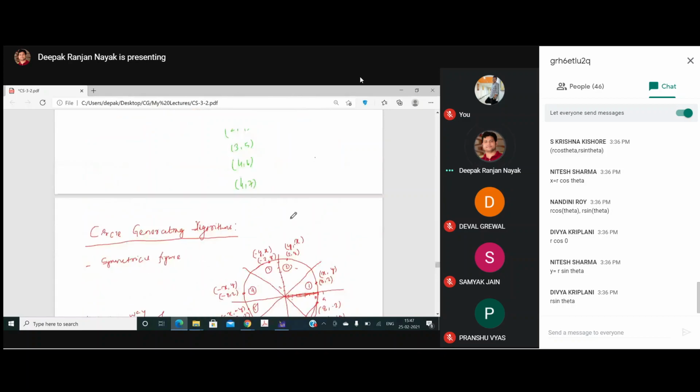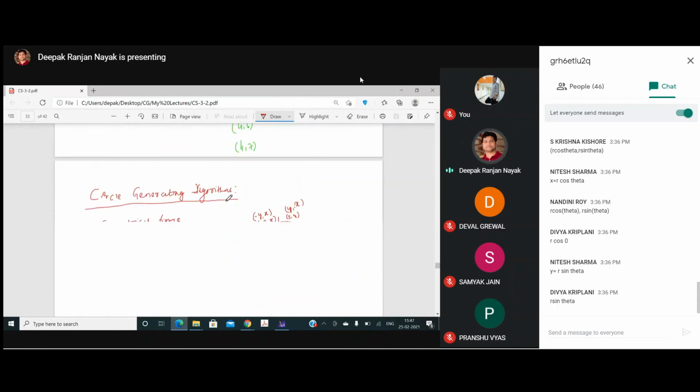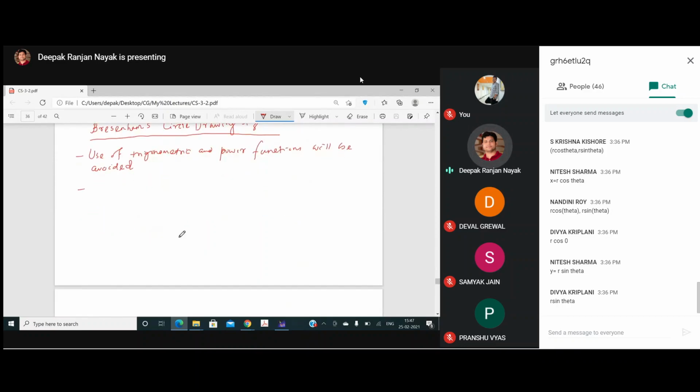So today I will post this particular slide. Please go through it, and then I will discuss this Bresenham circle drawing algorithm for one particular case. Right. Thank you all, and I'll post this slide just now in your Google Classroom.